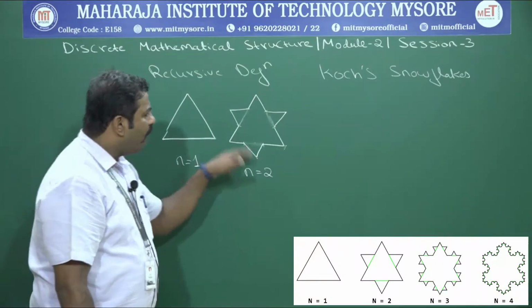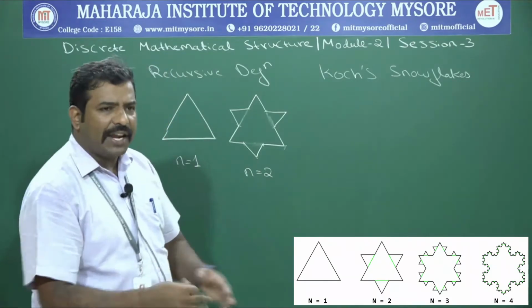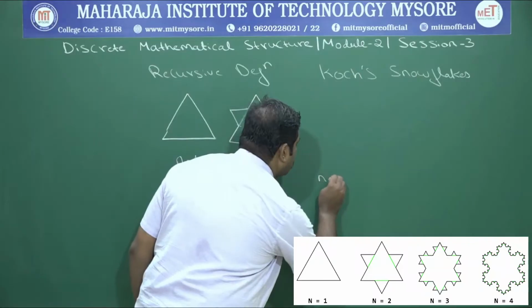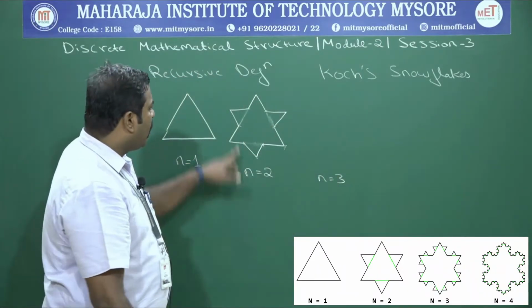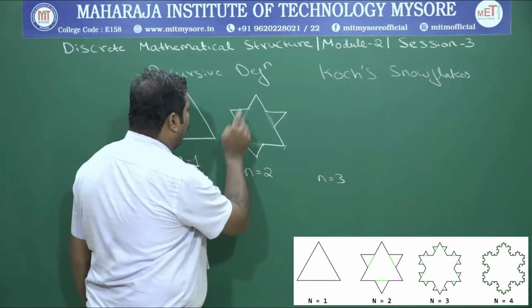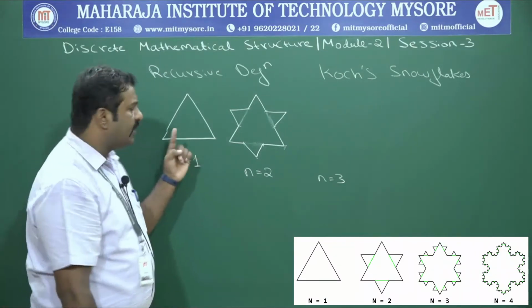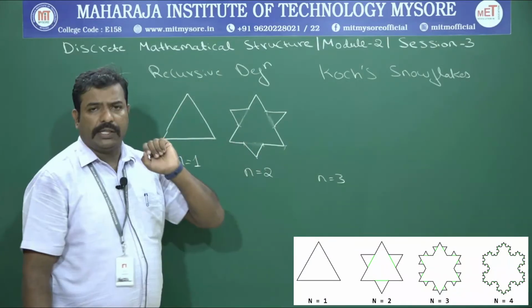Now, having this structure for n equals 2, the second iteration, what happens at n equals 3? Now how many line segments am I going to have? 1, 2, 3, 4. That is, for every line segment I had previously, each line segment now is going to have 4 line segments.